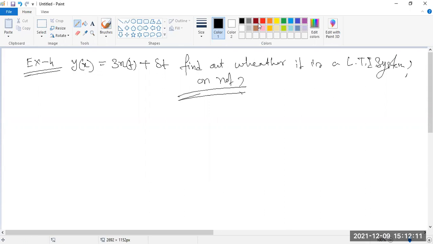Guys, you can see this example. Please do it on your own, and then I will explain whether this is an LTI system.